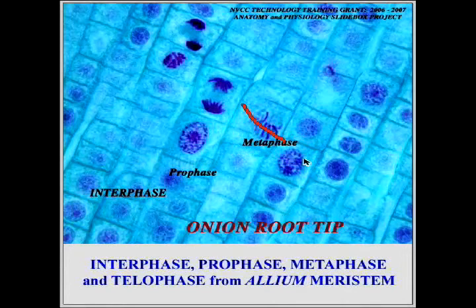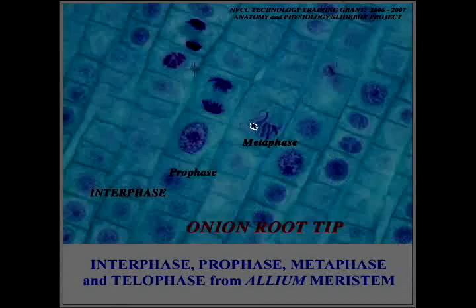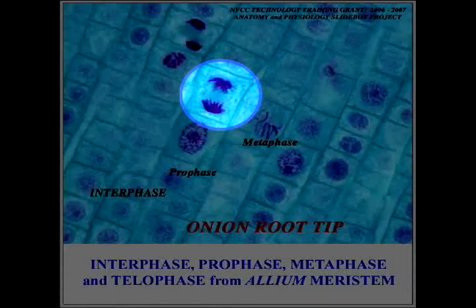Yes, I know this isn't a movie, you're not watching them move, but you can see that the original chromosome mass on the metaphase plate has now, due to the help of spindle fibers, which are not terribly visible over here, I admit, pulling and assisting in the segregation or the separating apart after that centromere has split, we have movement to the opposite poles. This is referred to as anaphase.